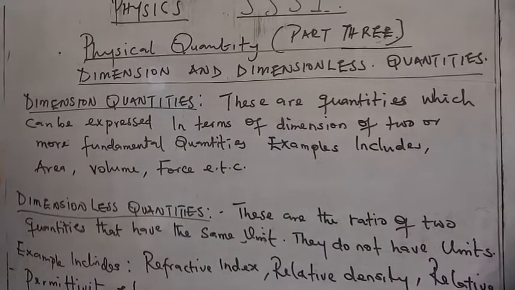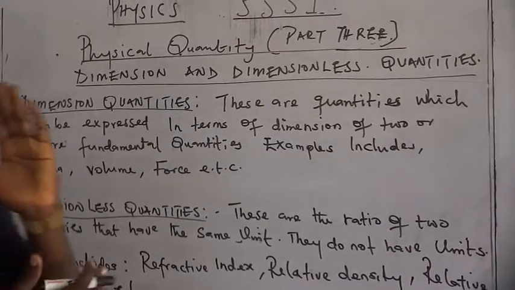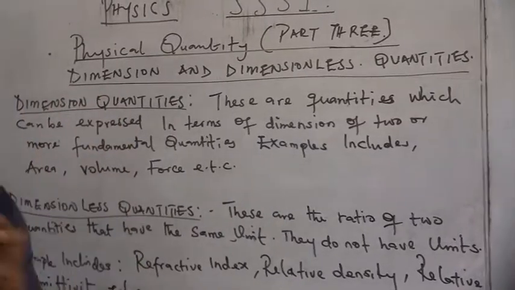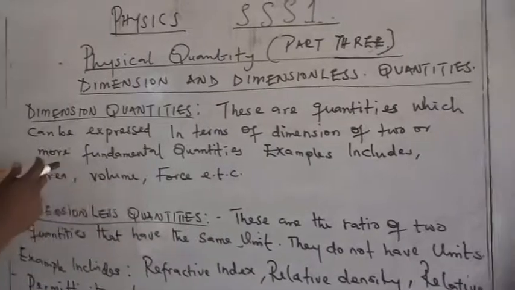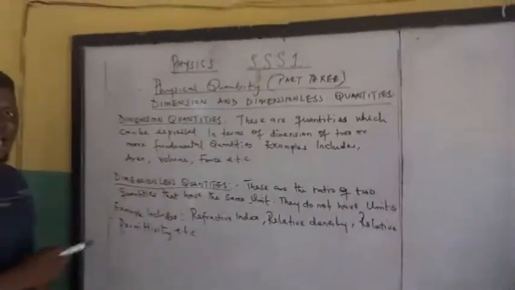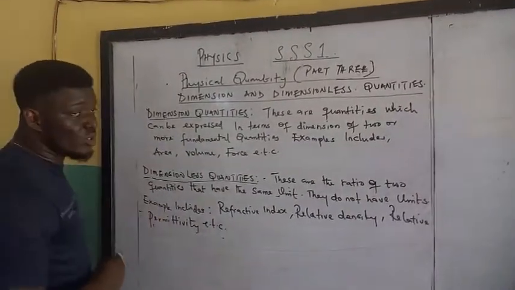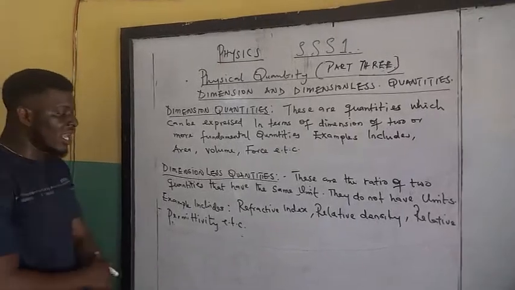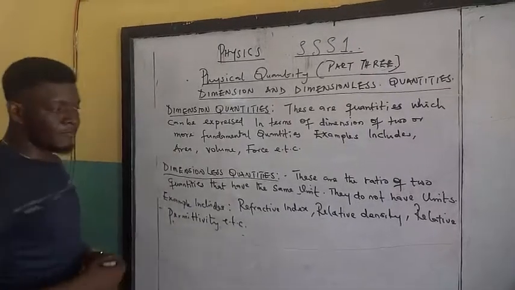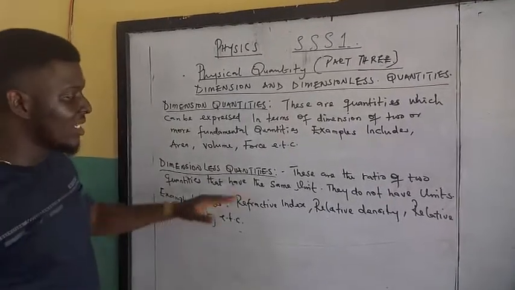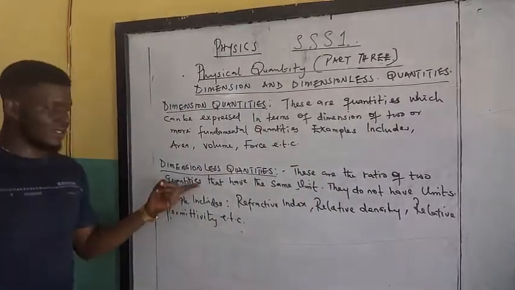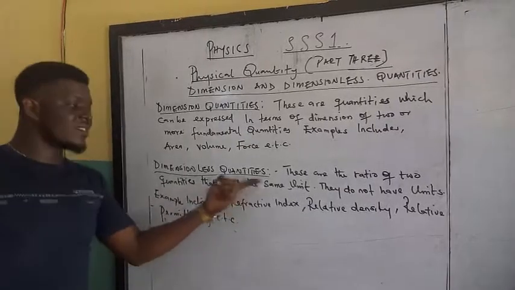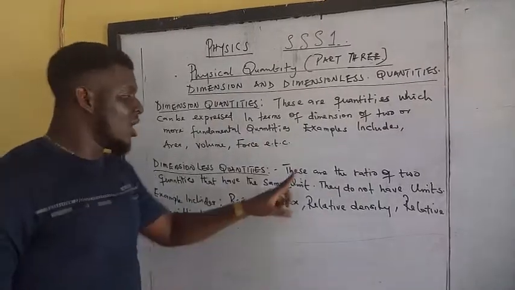When I get to dimensional analysis, you're going to understand better what I'm trying to talk about. Now, let us go to dimensionless quantities. Dimensionless quantities are the ratio of two quantities that have the same units.